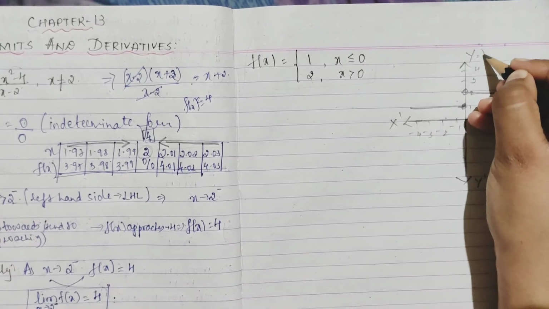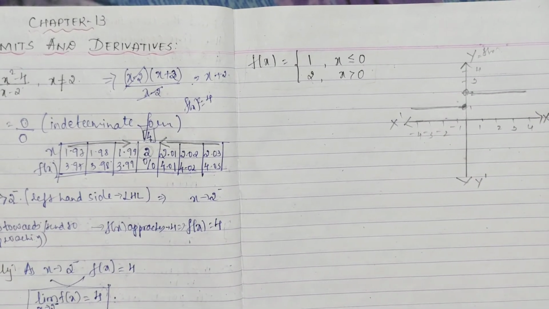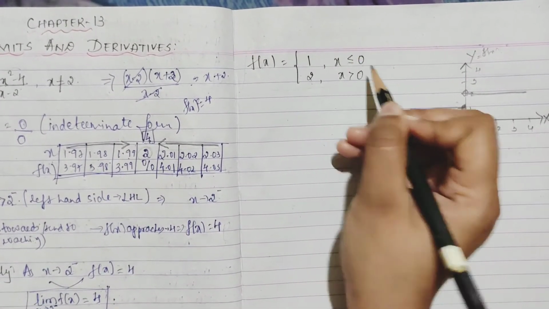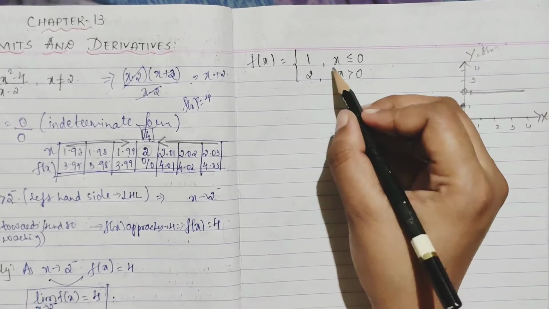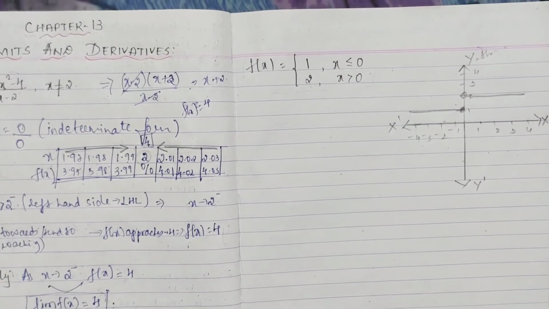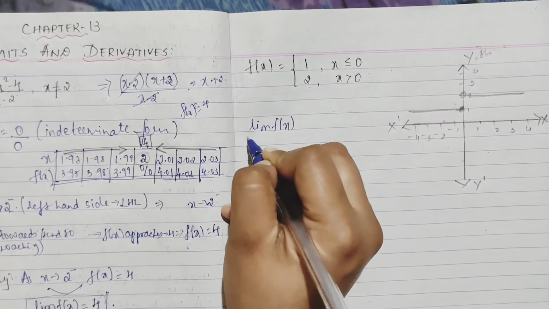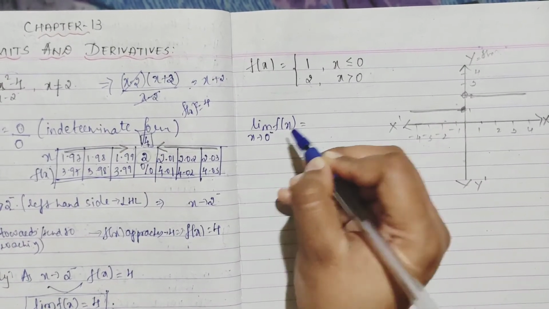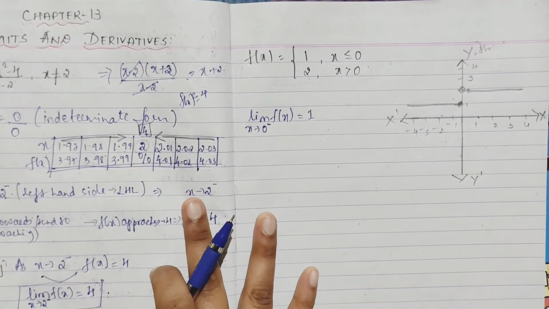Here y is equal to f of x, this is the y equals f of x line. When x is less than or equal to 0 it is 1, and when it is greater than 0 it is 2. If I write limit f of x as x tends to 0 from the left hand side, 0 minus, it is 1.